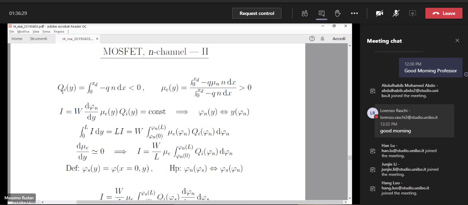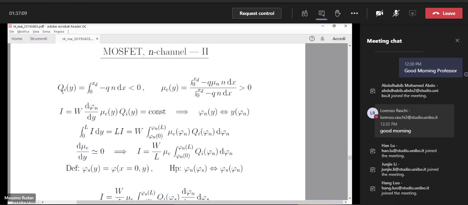In this case, this integral has the same meaning, that is charge of the inversion layer per unit area. However, it depends on the position in the channel where we calculate it. Okay, so this is different from the current density. The current density is a solenoidal vector, so its flux does not depend on the position y. But in this case, this integral does depend on the position y. Okay.